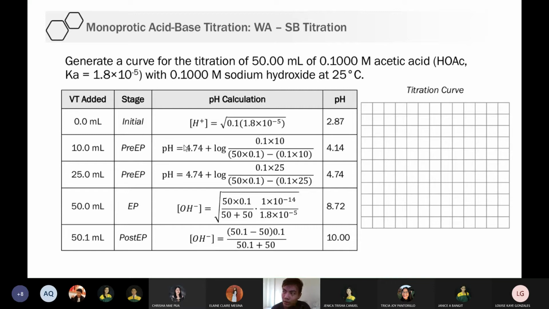So, true ba to sa weak base strong acid titration? Yes, true din yan. True yun basta may buffer. As long as halfway ka sa end ng titration, true itong ganap na to. Kapag 50% ka na sa titration, the pH is the pKa or the pKb pag base naman. Okay, so yan.